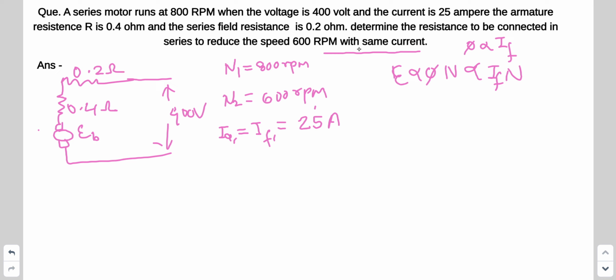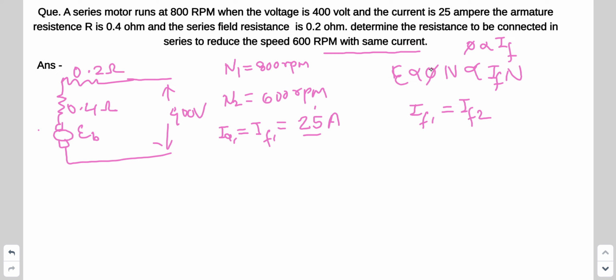The condition is that we have to find the resistance to reduce the speed to 600 rpm with the same current. So in the second condition the current will be the same, so IF1 is equal to IF2.